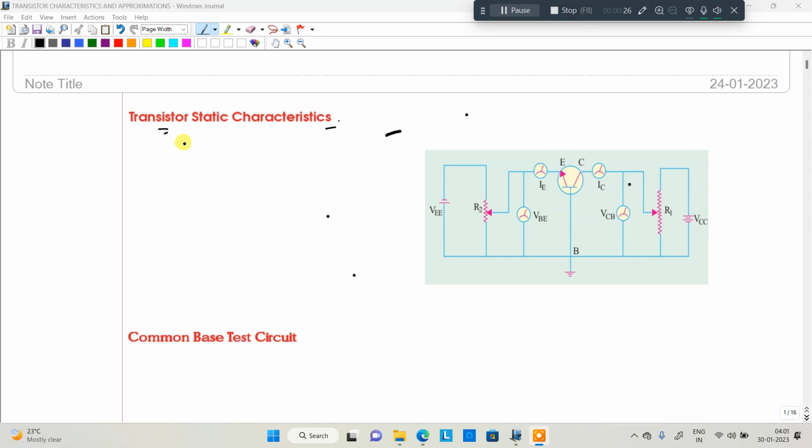In the case of transistor characteristics, we have three types of characteristics to discuss. The first is the input characteristics. The second one is output characteristics.